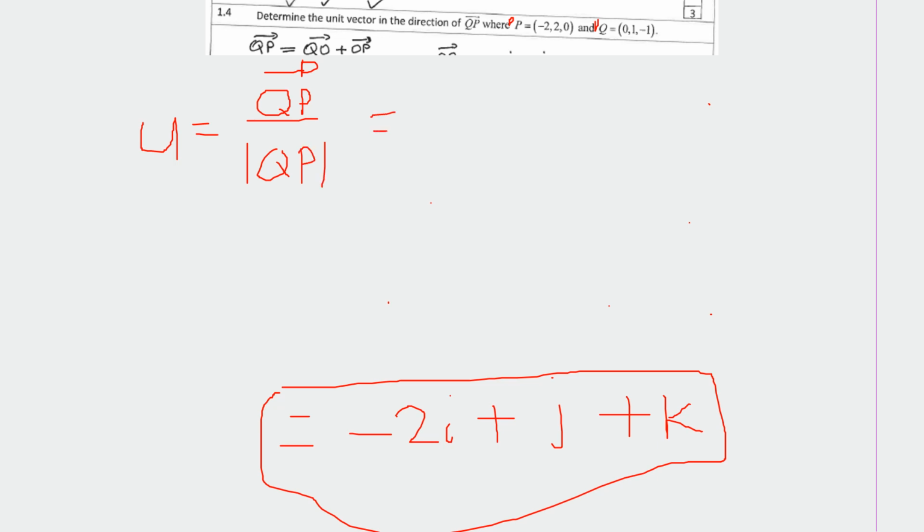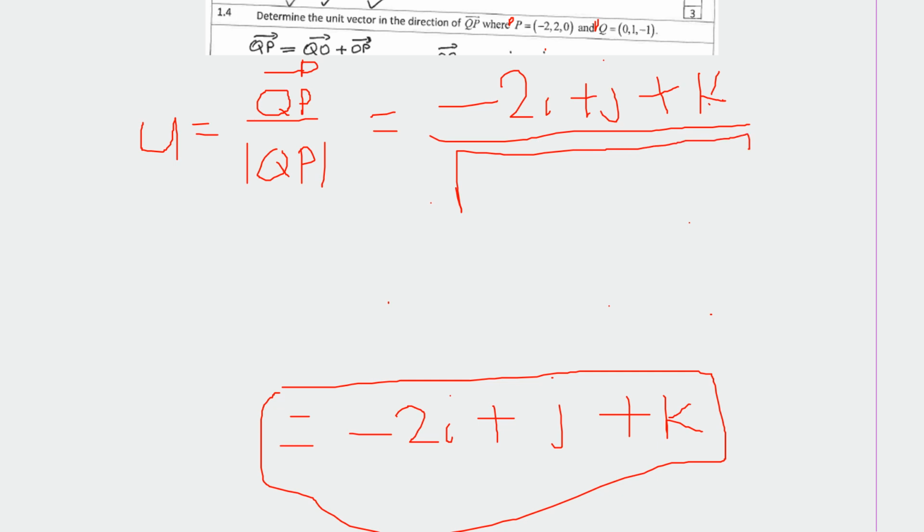Okay, so now at the top, we have the vector QP, which is negative 2i plus j plus k. Then at the bottom, we are looking for the magnitude of vector QP. So basically, we're going to have 2 squared plus 1 squared plus 1 squared.